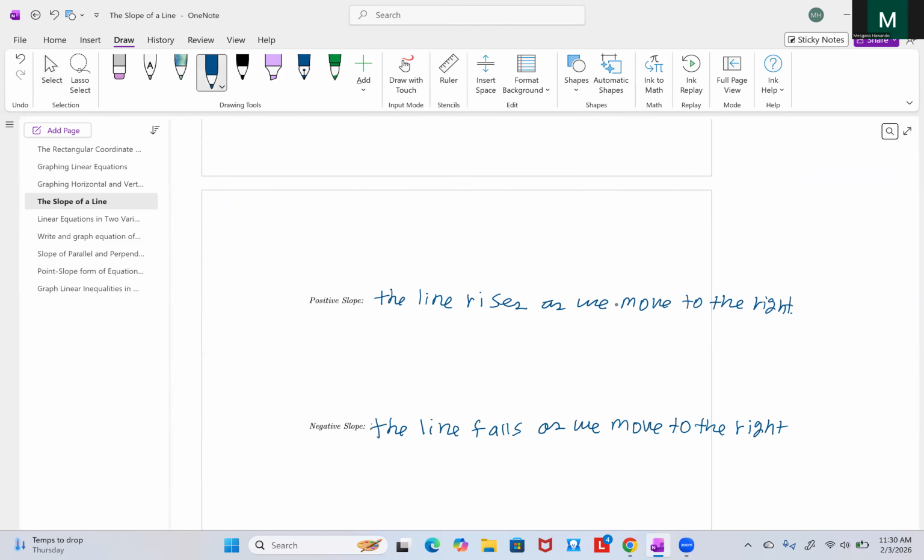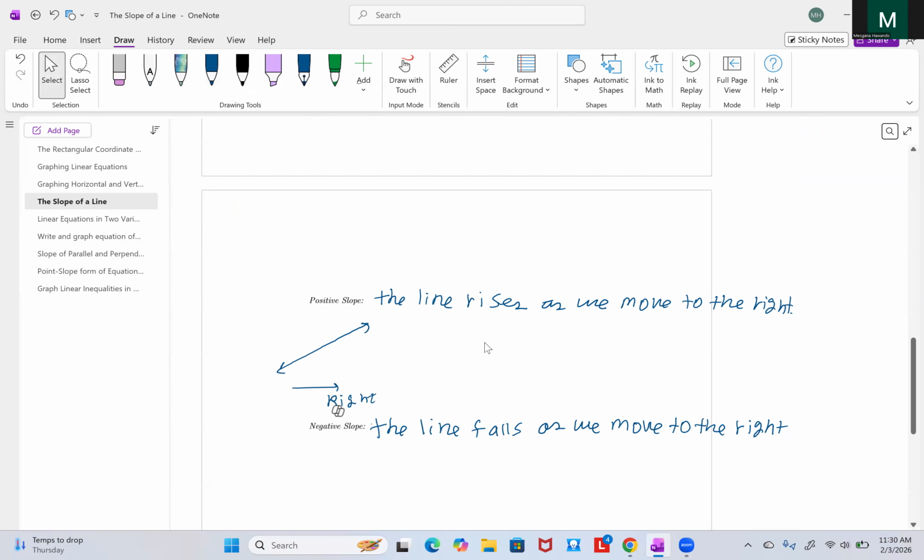If a line has a positive slope, when you look at its graph, as you move from left to right, the line rises. So this line has a positive slope, because as we move to the right, the line is rising.